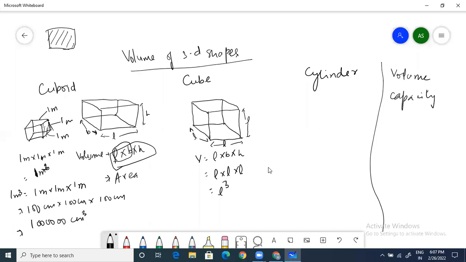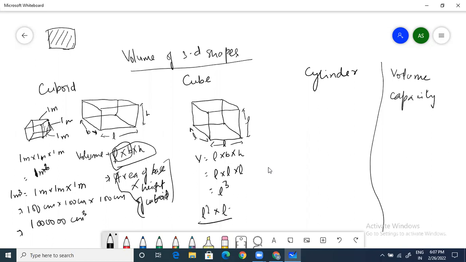I can also write it as area of base into height, because sometimes the questions are like this: I have been given the area of the base and the height, and I need to calculate the volume of the cuboid. They don't give me L and B separately. The same concept is here: L square into L, which will also become L cube.